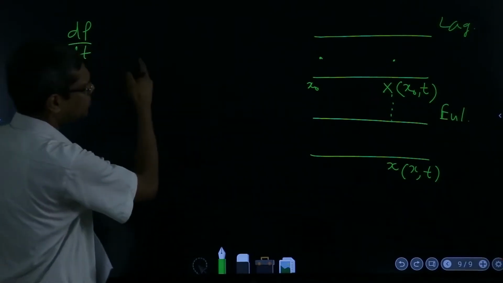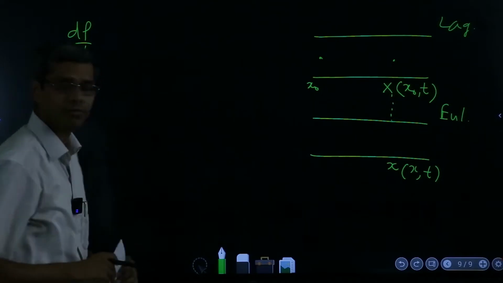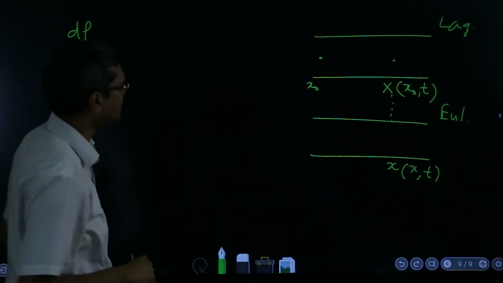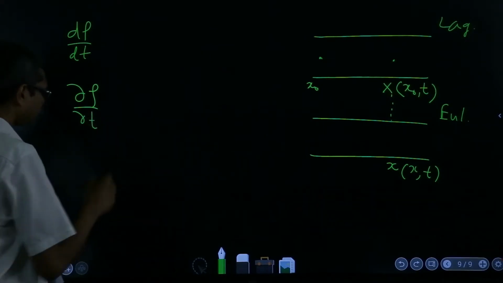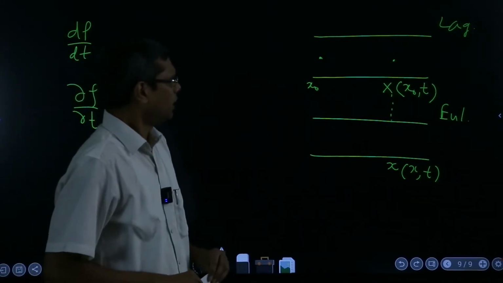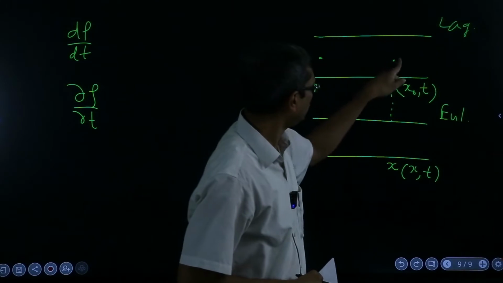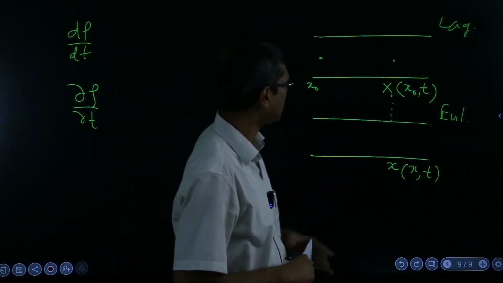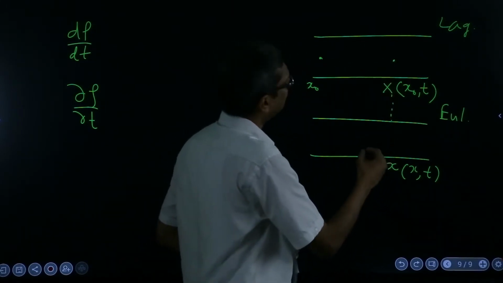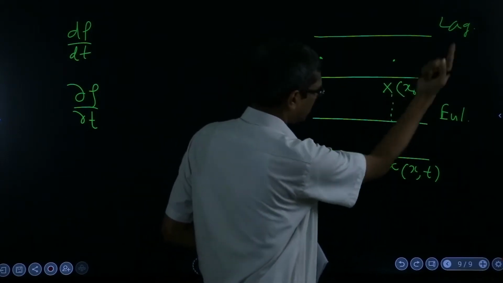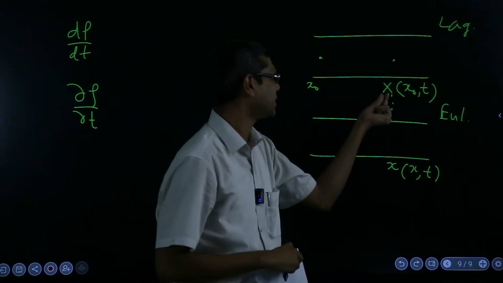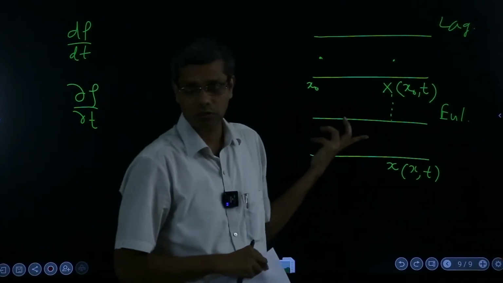We will always use the total derivative symbol d for Lagrangian and the partial symbol for the Eulerian. If you look at this picture, the displacement of the x naught particle is capital X minus x naught.